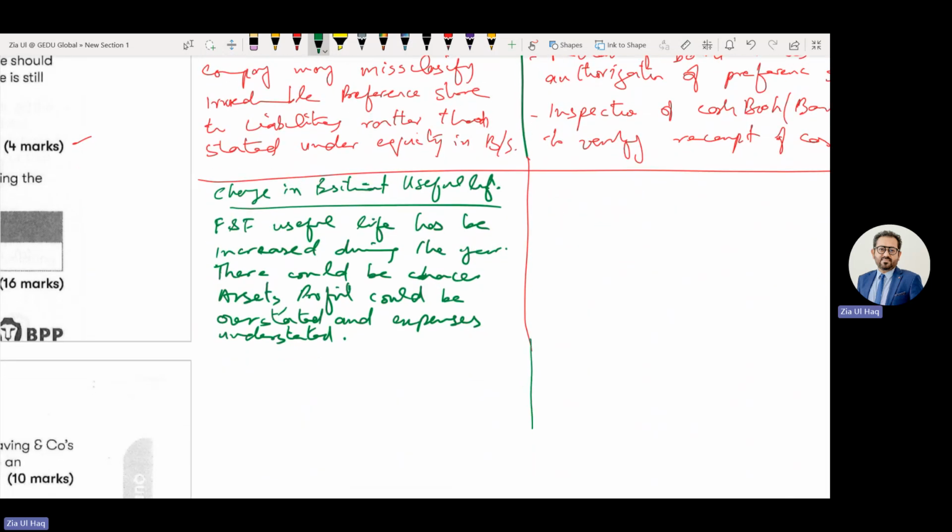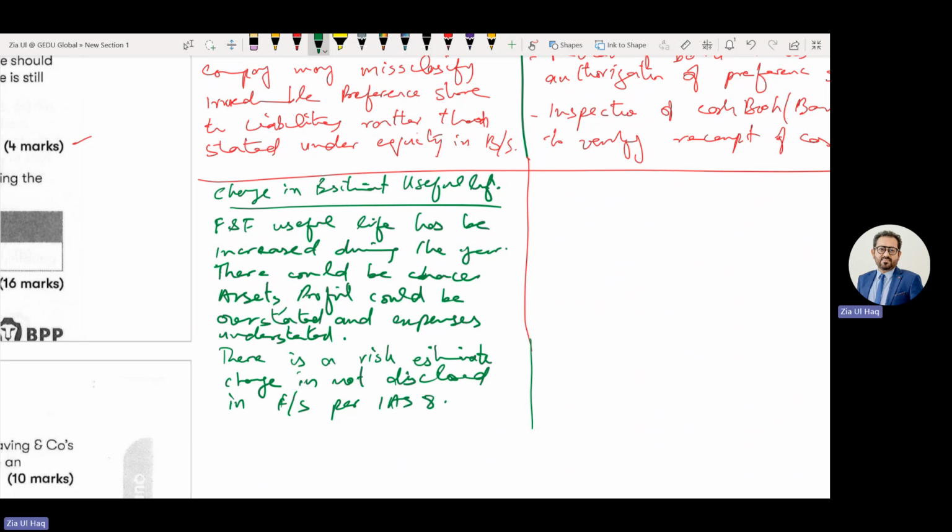If the company is changing an estimate, there is accounting standard IAS 8 that says if the company is changing accounting policy or accounting estimate, they need to provide disclosure in the financial statements. So there is a risk: estimate change is not disclosed in financial statements per IAS 8.